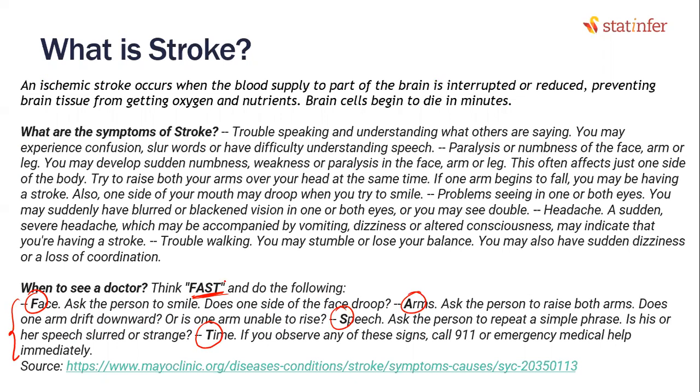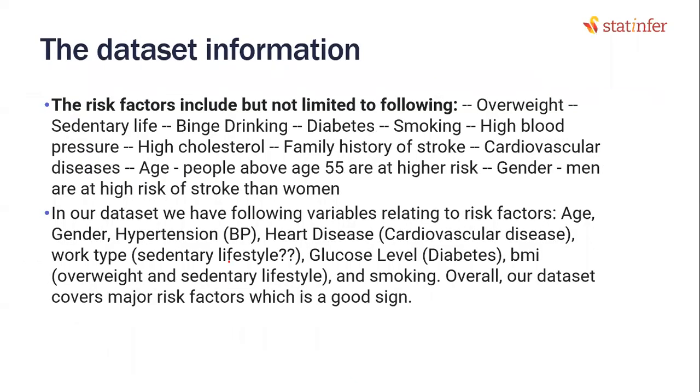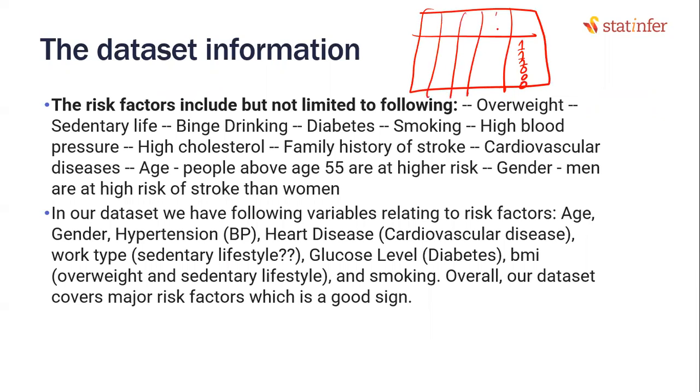So now what we want to do is, our dataset has the data of patients who were affected with stroke. Some patients got stroke, some patients did not. And we have all the columns.